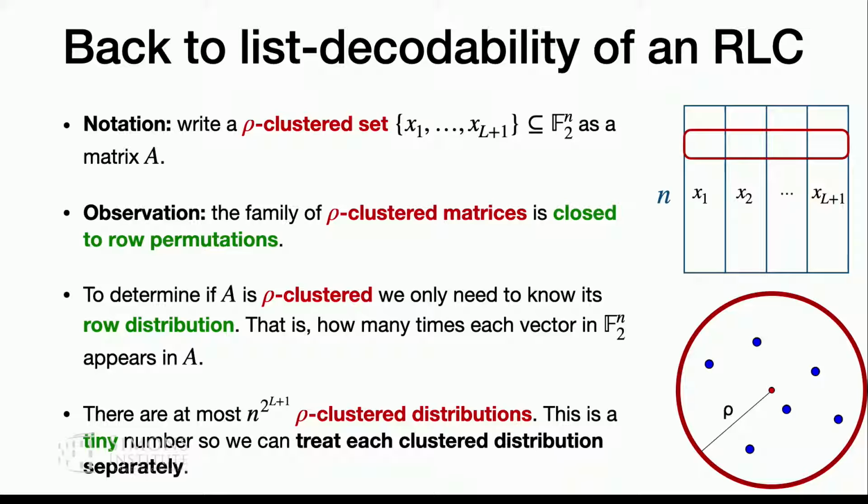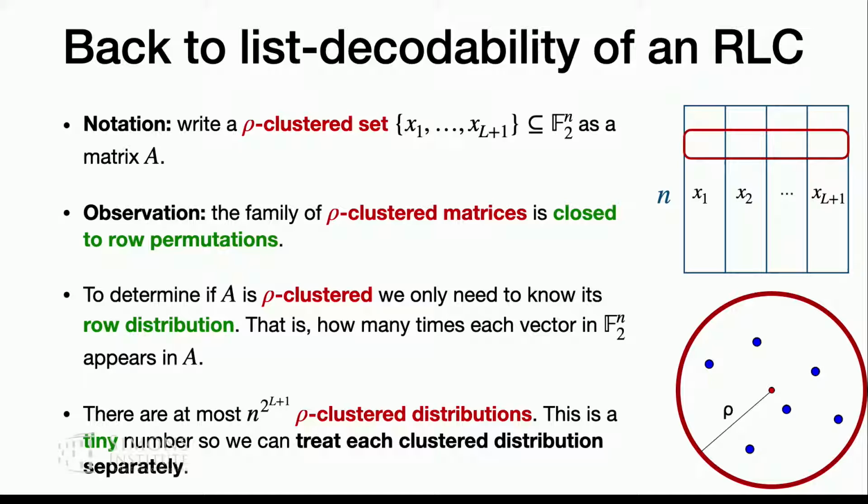If I want to remember a distribution, how many of each type of row I have, a number between 0 and n for each, then an upper bound for how many such distributions exist is this: each distribution is a tuple of 2 to the L plus 1 numbers between 0 and n. There should be an n plus 1 here, but that's the basic order of magnitude that we're talking about. And this number is very small: n to the 2 to the L.